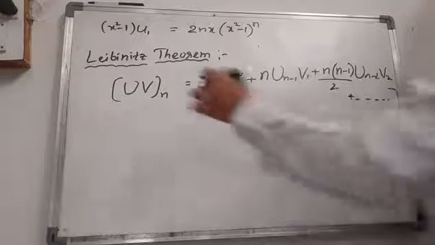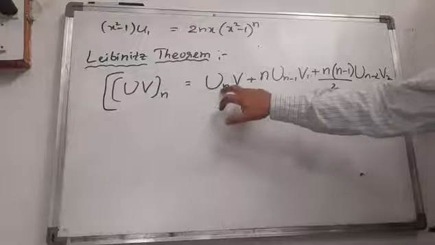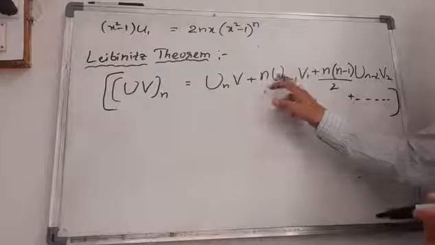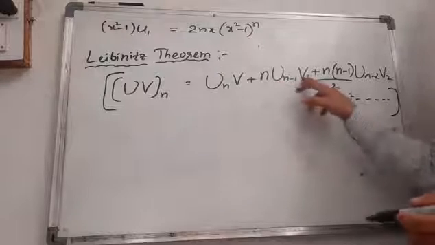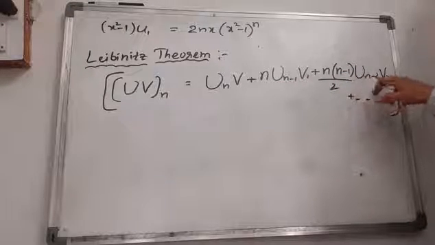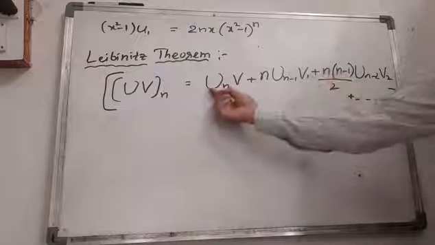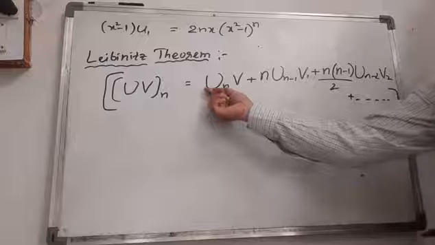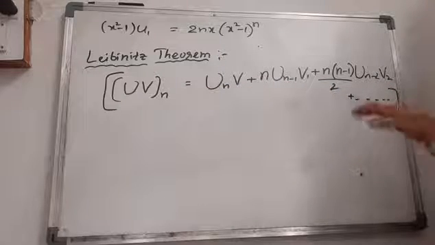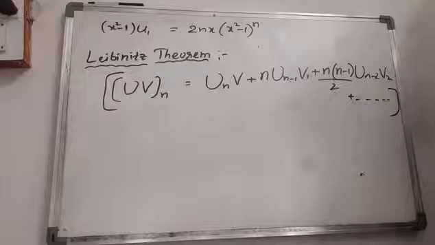This is called as the Leibniz theorem. nth derivative of u into v plus n into n minus 1th derivative of u v1, n into n minus 1 by 2, n minus 2 derivative of u v2 plus and so on. It goes on deriving like that. Slowly the derivation of u function decreases, the derivative of v function increases, and nc1, nc2, nc3 like that it goes on, just like binomial theorem.